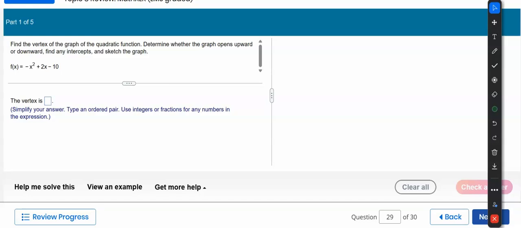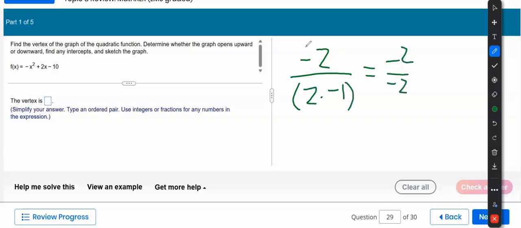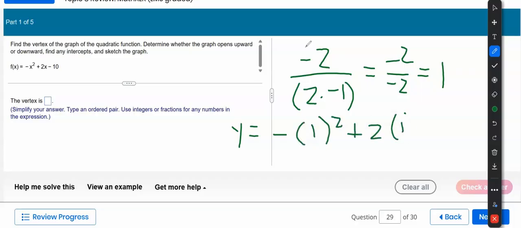You find the vertex, and I will find the vertex, and we'll see if we get the same result. I got -1. I did not get -1 for the first part.